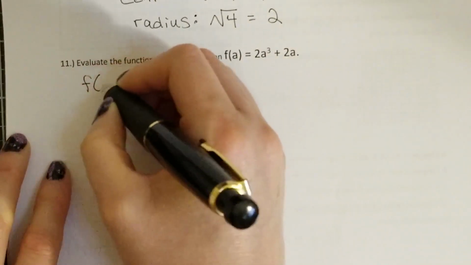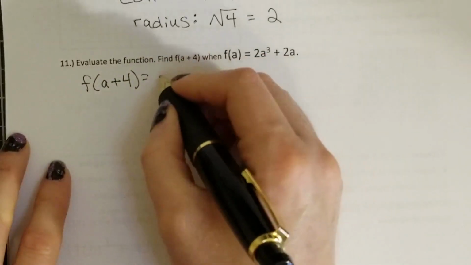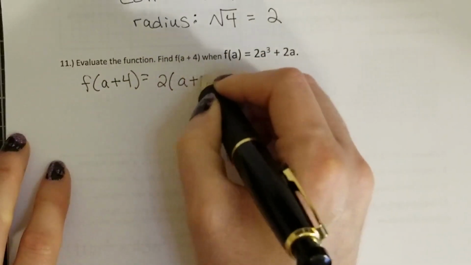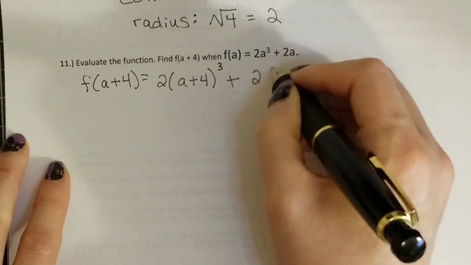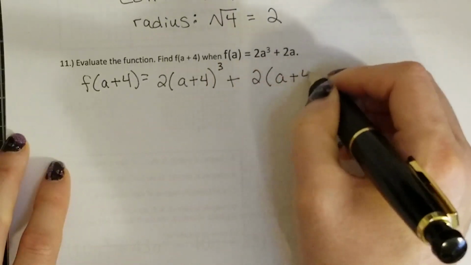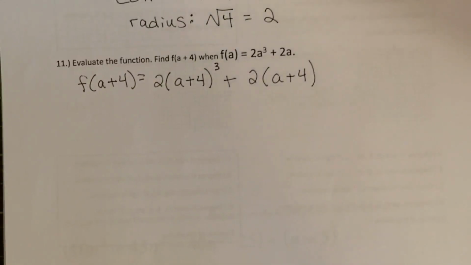So f of a plus 4 is going to equal 2 times a plus 4 to the third power plus 2 times a plus 4. Now, we all wish and pray that that was one of your answer choices, but of course, that would be way too easy. So that is not an answer choice.